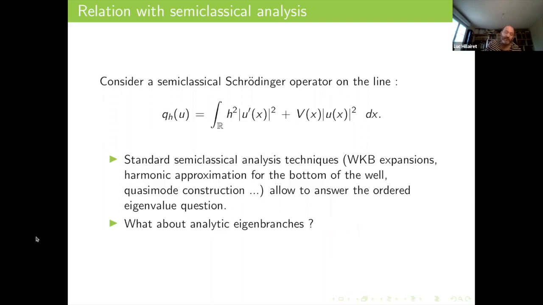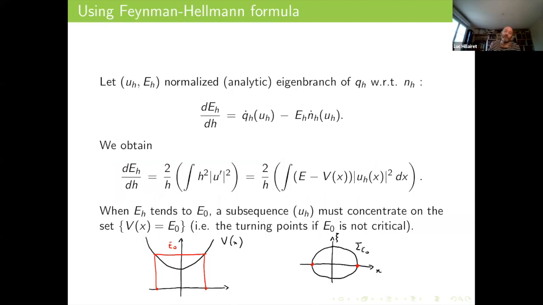And so if you want to study analytic eigenbranches of this Schrödinger operator, what you do is you use this Feynman-Hellmann formula that gives you the derivative of the analytic eigenbranch of Q_h with respect to h, and the norm n, which I haven't written because it does not depend on h.